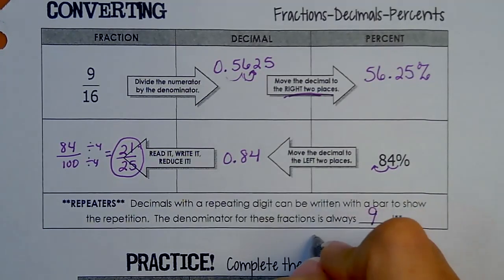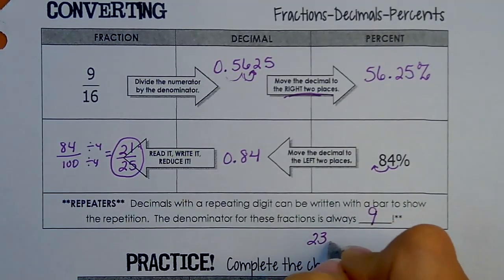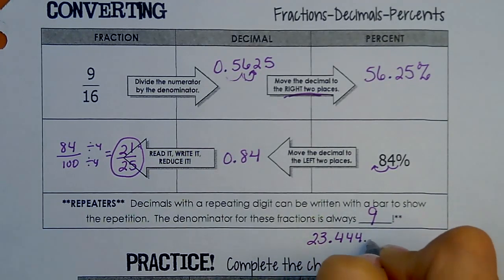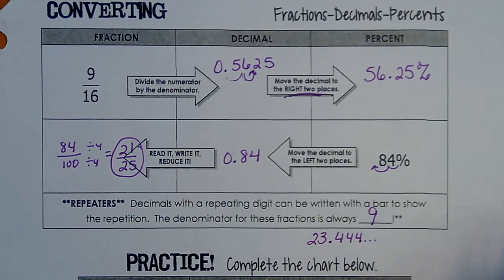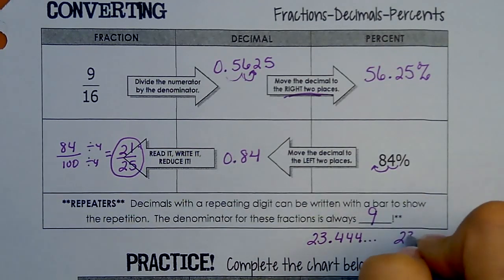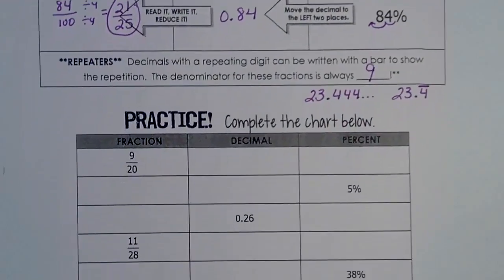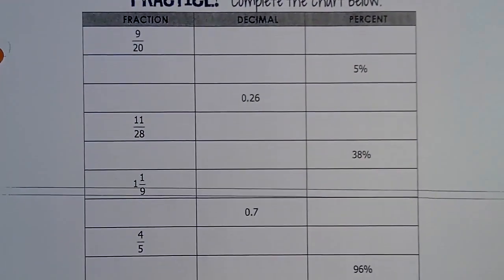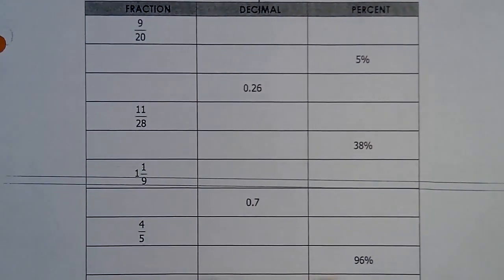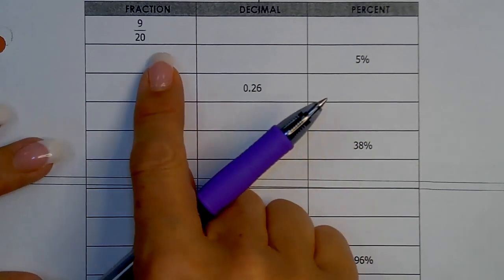So for example, if I have an answer like 23.444 and it keeps going, then I can write that as 23.4 with a bar over the 4 to show that it repeats. All right, so we're going to do 3 of these together, and then I want you to finish the rest on your own. So I'm going to start with the first one.